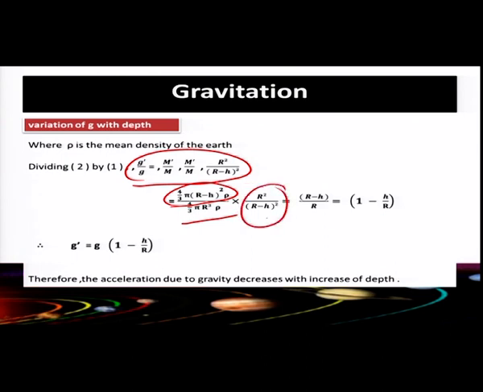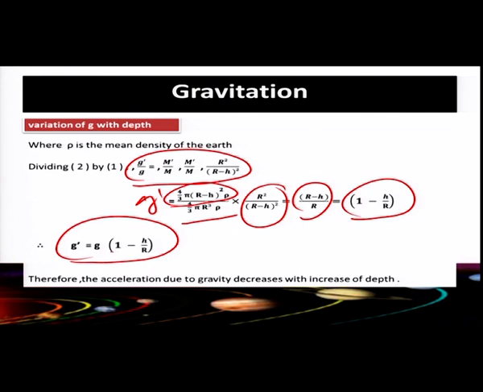It will turn out to be r minus h by r, that is equal to 1 minus h by r. Therefore, g dash is equal to g into 1 minus h by r. Therefore, the acceleration due to gravity decreases with the increase of depth.